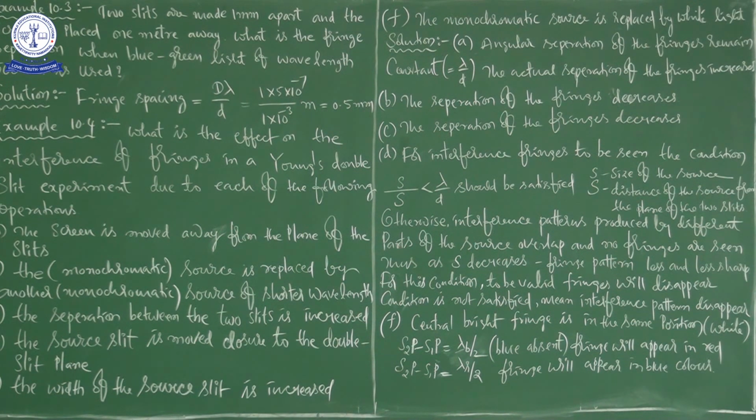So regarding this example problem, if you made these changes to Young's experiment, whatever operations he is asking according to the question, this is the result. Once again, go through the textbook problem at page number 366. This problem helps us a lot, because just this single problem gives us a clear idea about Young's experiment.